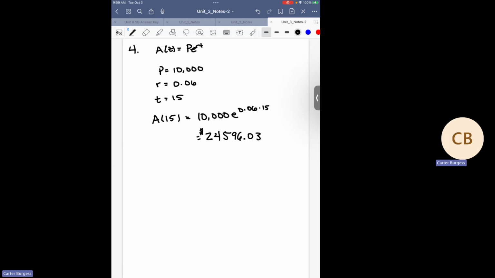And you could leave it there. That's probably fine. In this case, with how it's phrased, how much money will someone make from this account? You might want to also deduct that starting value, so subtract 10,000 from it to see the amount of money made, which will be $14,596.03, the excess from what we had with that starting amount.